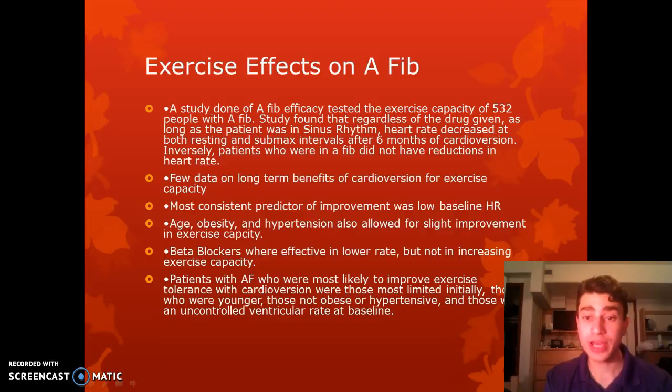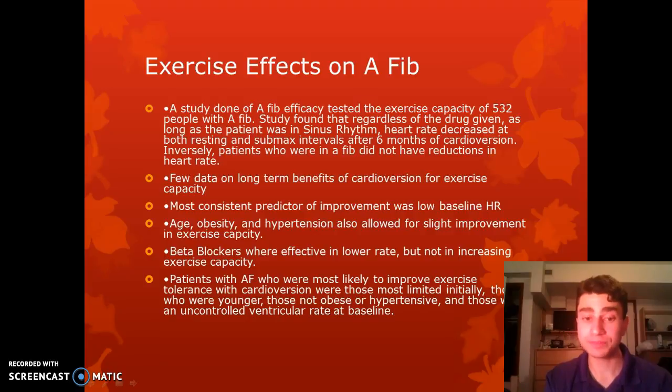Looking at exercise, there was a study done to test the exercise capacity of 532 people, and basically there wasn't very much data on the benefits and response of exercise on AFib patients.